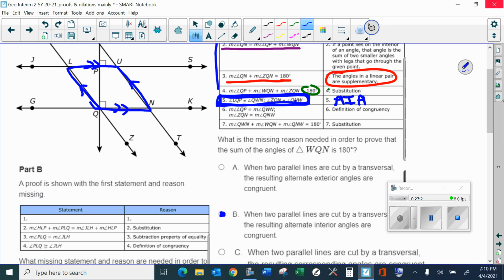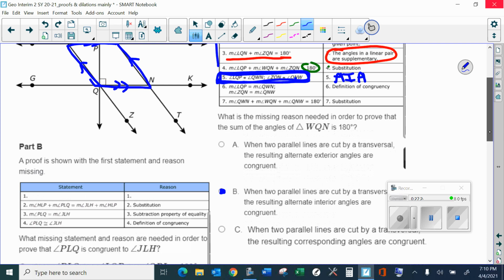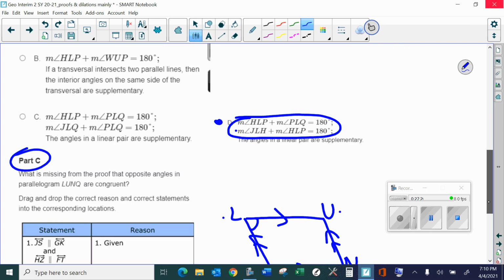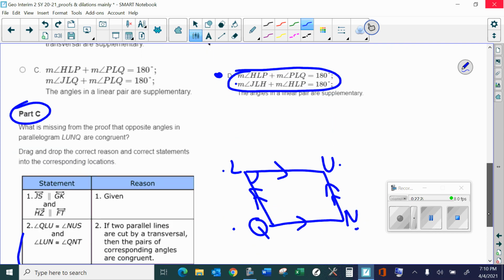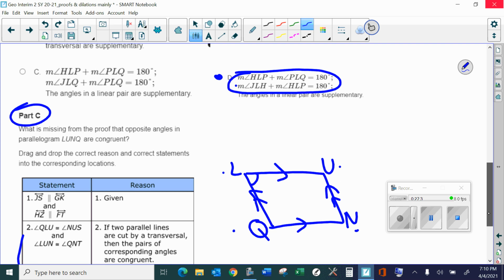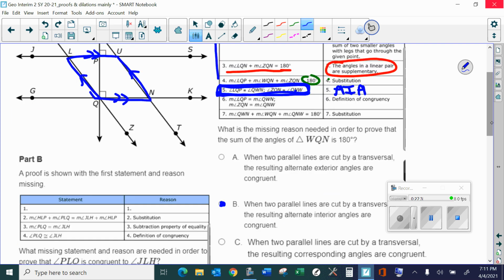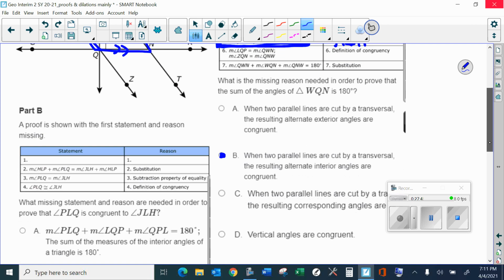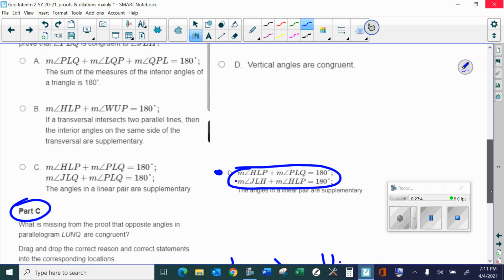Okay, I'm not going to redraw, but that's what I would do if I was you for the DCAS. JS is parallel to GK. So here's my GK right here, that's the same thing as this right here, and JS, that's the same one as that one. So there are those 2 parallels right there.